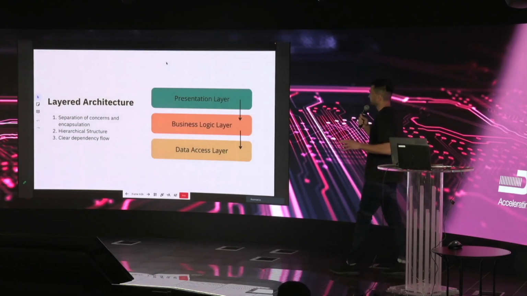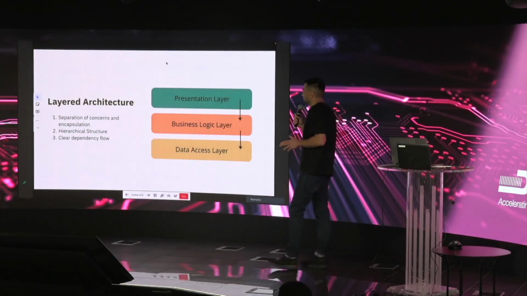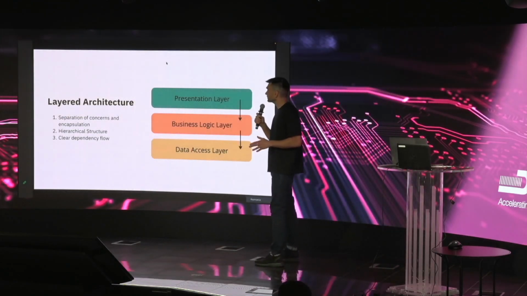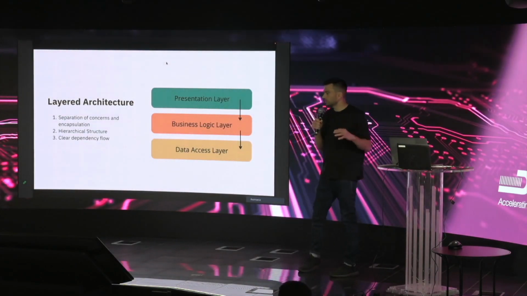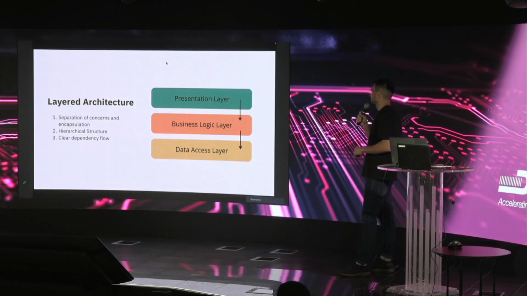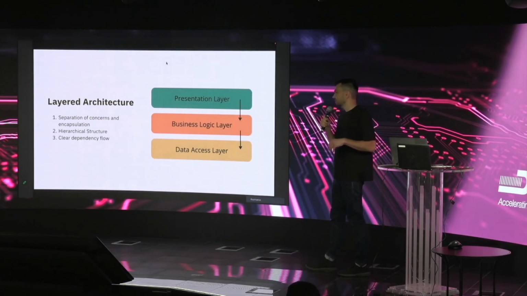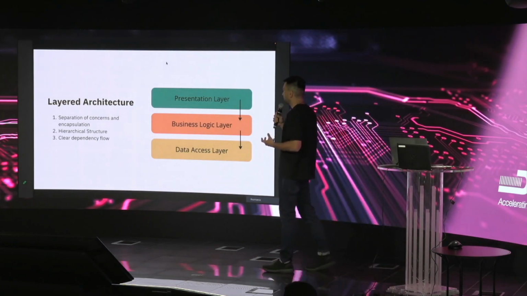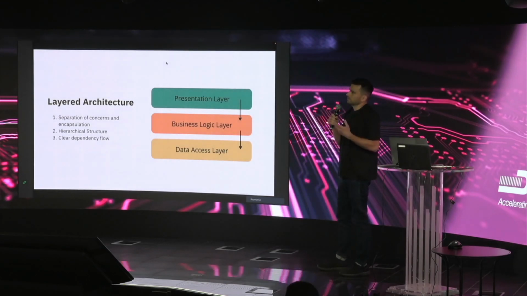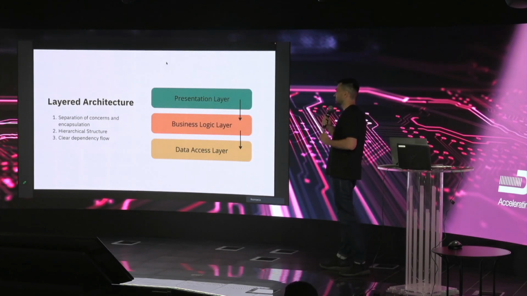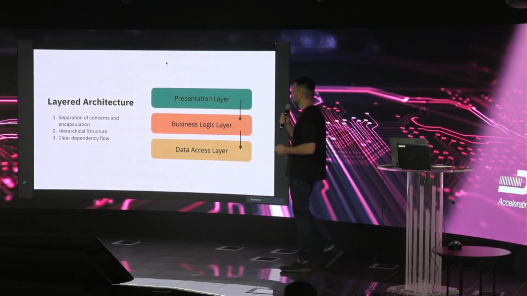Let's start from basics. Layered architecture. In this architecture, the application is divided into horizontal pieces, horizontal layers. Each layer has its own set of responsibilities, and in this architecture, it's a strictly technical division. Each layer has some technical responsibility.